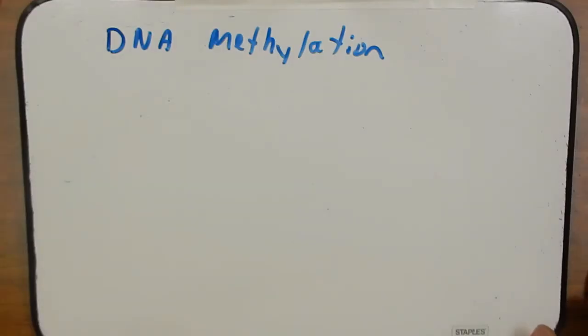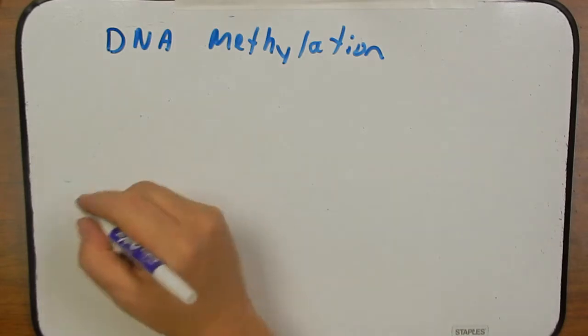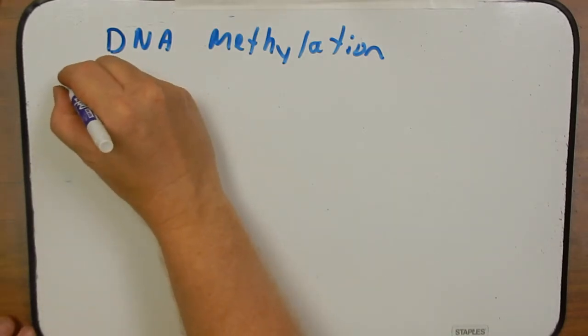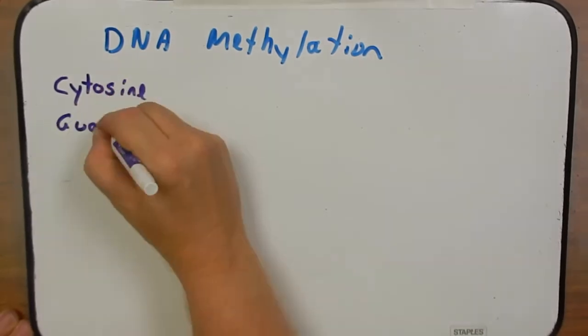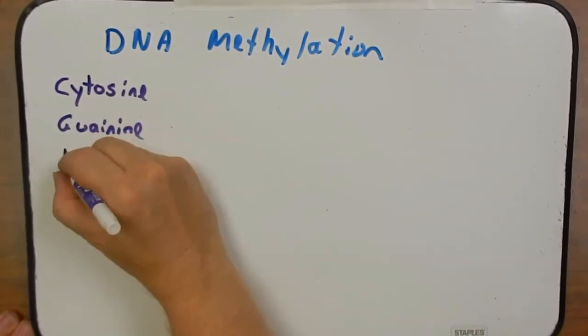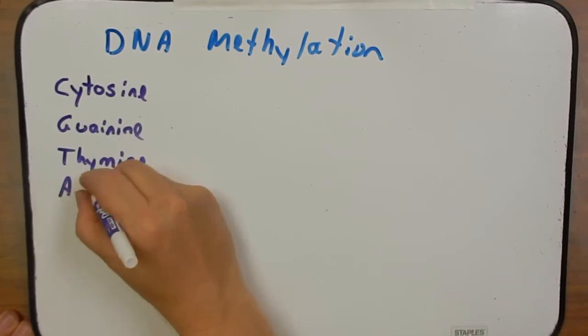We're going to spend quite a bit of time talking about DNA methylation, but what I want to do in this podcast is just to introduce this concept of DNA methylation and some of the larger pictures of how it's affecting gene expression. Now remember, we have 4 common bases that are found in DNA: cytosine, guanine, thymine, and adenine.